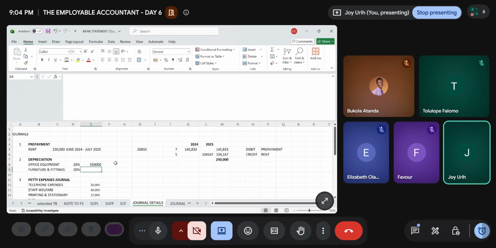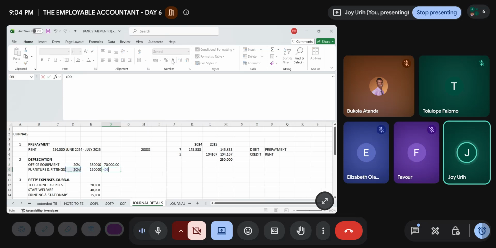Since it's on a straight line method, we just do 20% times this. So these are the depreciation. We'll do the same for this. So the next thing we want to do is to recognize this figure in our financials. So these are the depreciation for each of them.